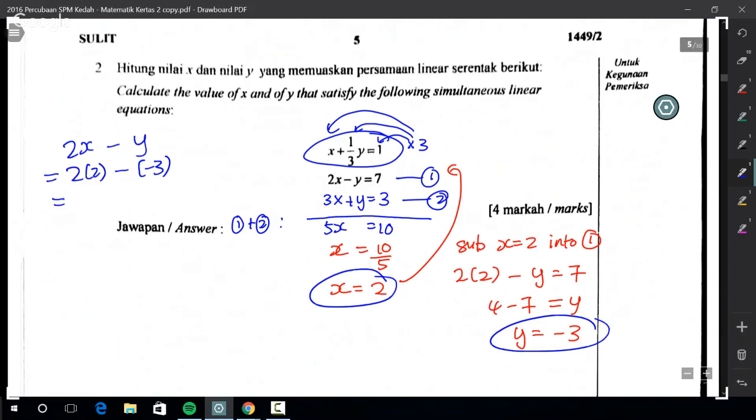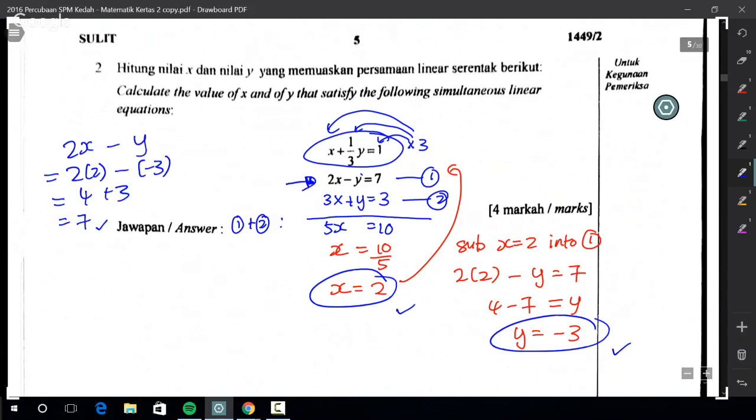See whether I can get 7 or not, because over here it is actually saying 2x minus y equals to 7. So 4 minus -3 is plus 3, I get 7. If I get 7, that means both of these are correct. So for simultaneous equations, you do not just stop at your answer. Once you got the answer, you have to substitute back into your equation to check whether the answer is correct or not.